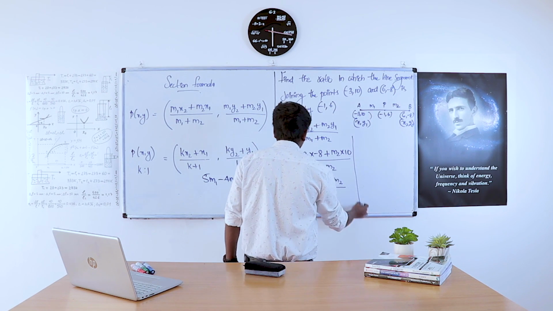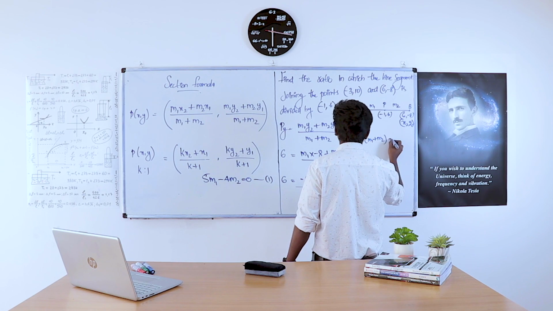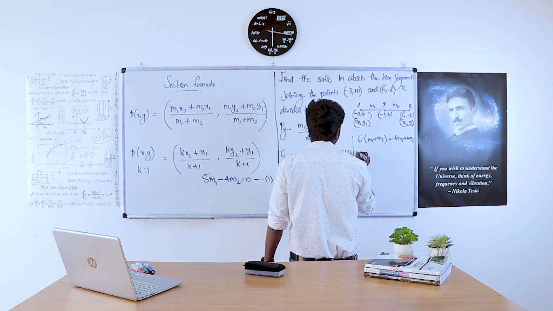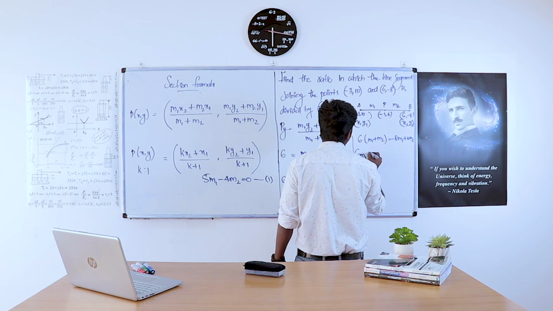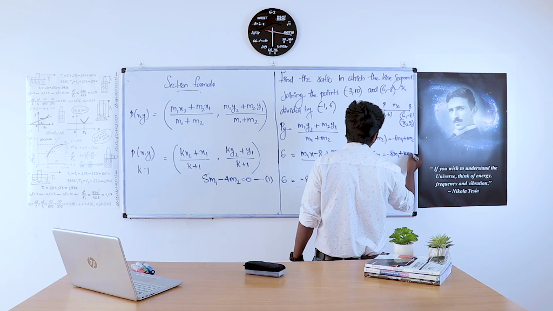Now cross multiply. 6 into (m1 + m2) is equal to -8m1 + 10m2. That is 6m1 + 6m2 equal to -8m1 + 10m2.